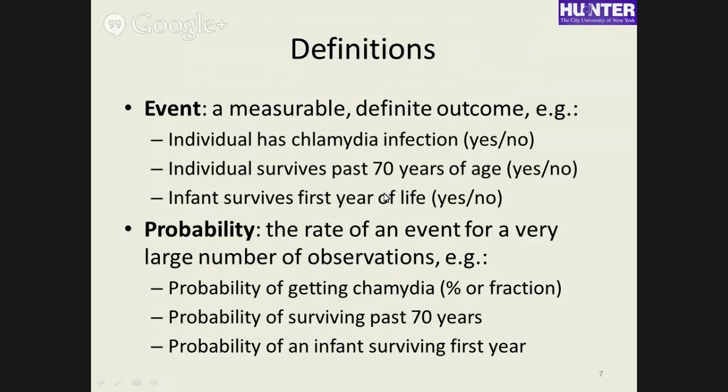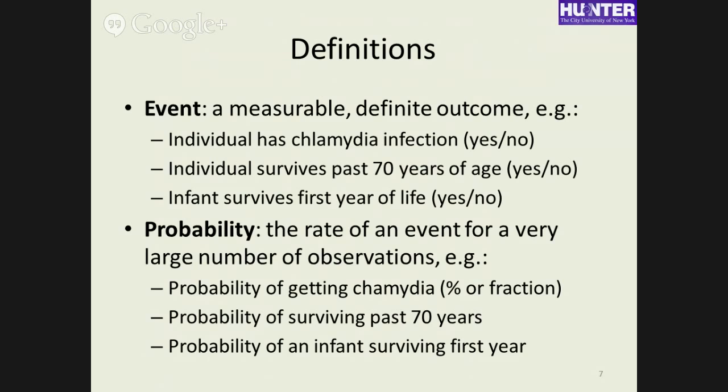Okay, so now you have some background. I'm going to give you some definitions that you need to understand for probability and its application. So the individual tangible thing that we are really interested in is called an event, and that is a measurable, definite outcome.